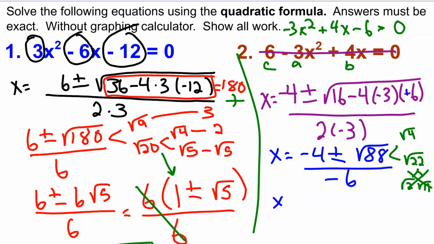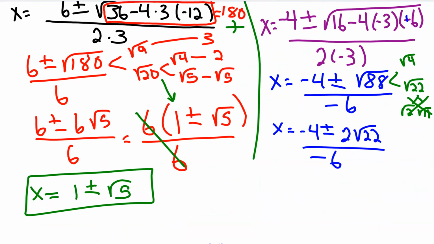So I'd have x equals negative 4, and then I have plus or minus 2 the square root of 22 over negative 6, and this is another one that I have to find the GCF for. So be really careful with that. So I'm going to take out negative 2, just because that's negative.